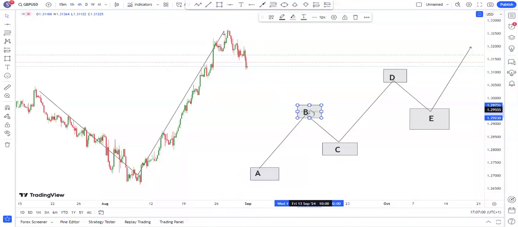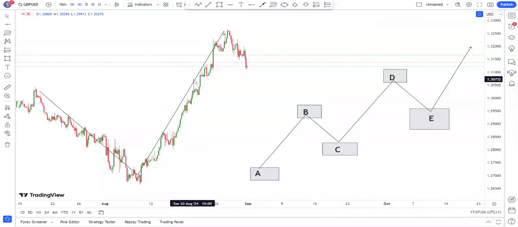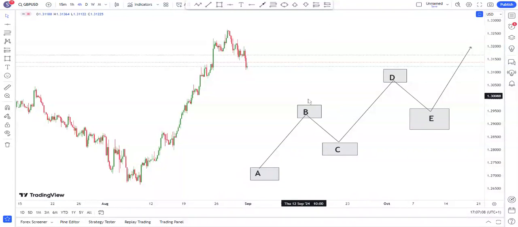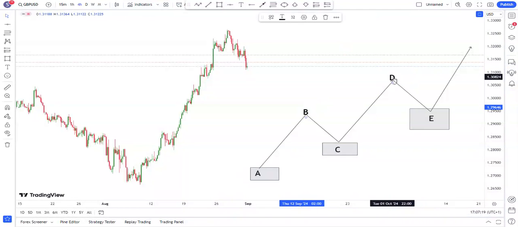But before I go into the chart to show you how to use these tools, let me quickly clear this out so that we can have a textbook drawing of how to draw it the perfect way.